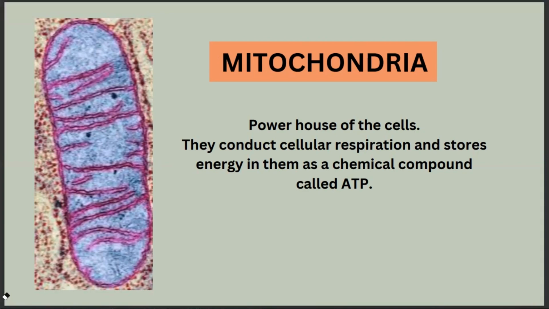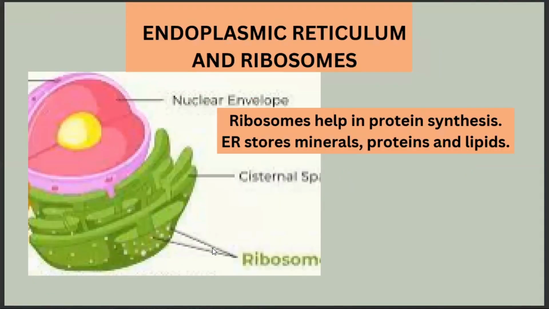Like in a very active cell of the liver, neurons, nerve cells, there are lots of mitochondria. Even in plant cells, those which are very busy doing photosynthesis have a large number of mitochondria. Without mitochondria, cellular respiration cannot take place.